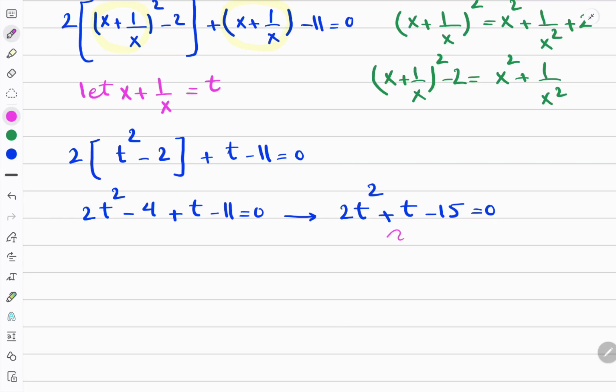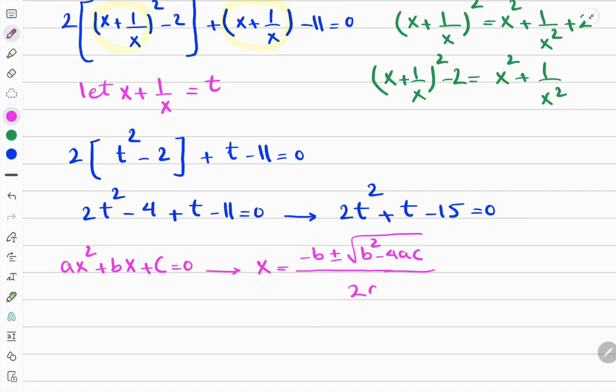We know that when we have ax squared plus bx plus c equals 0, according to quadratic formula, x can be found using this formula. Negative b, positive and negative radical b squared minus 4ac over 2a.